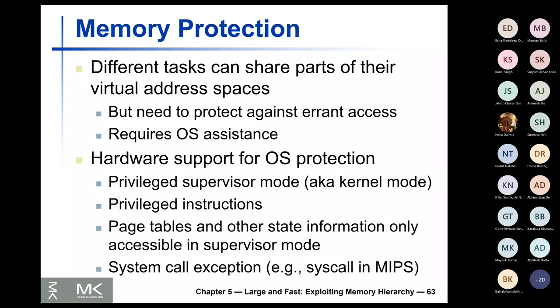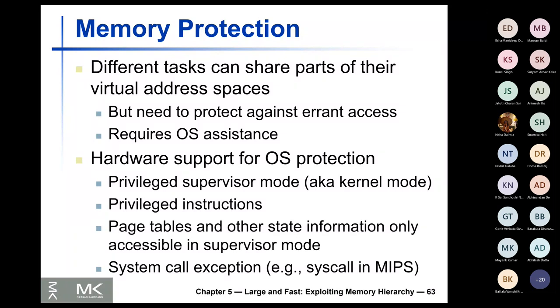The page table and other state information. Okay, state in the context of a program or a process is the collection of registers in the CPU, maybe the contents of the stack, contents of the registers. Then another thing is probably the contents of the page tables.